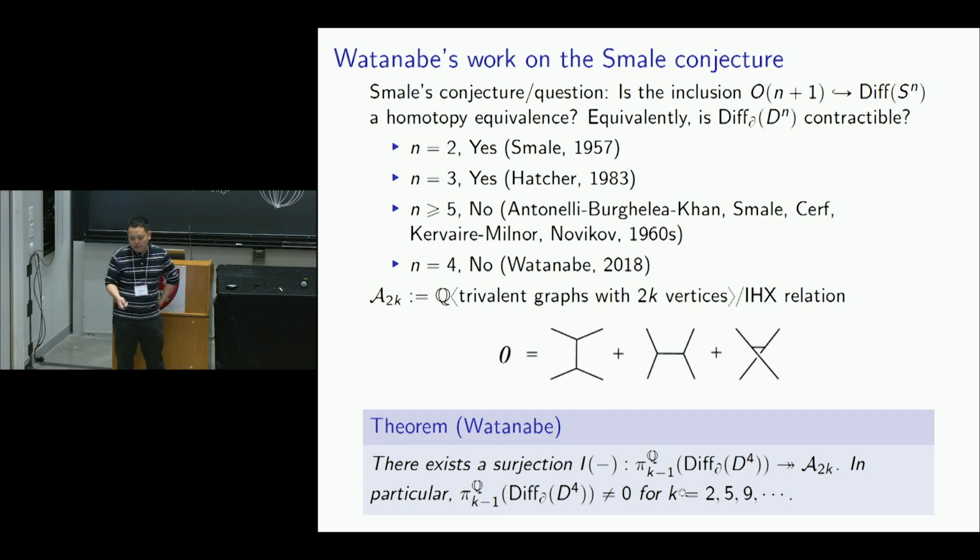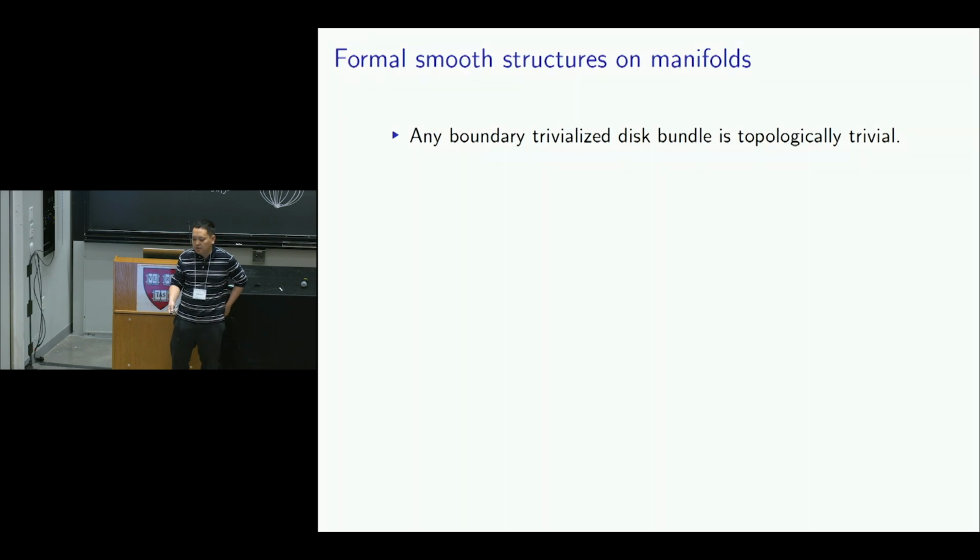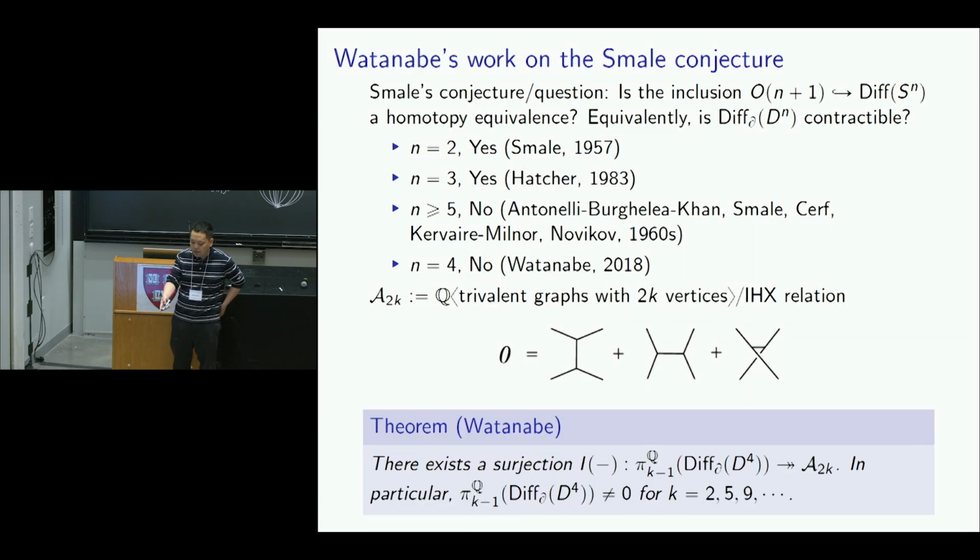That means the diffeomorphism group of the 4-dimensional disk has a non-trivial fundamental group. It is even non-trivial after tensoring with Q. It's an abelian group, and it's non-trivial. So this is an amazing result.